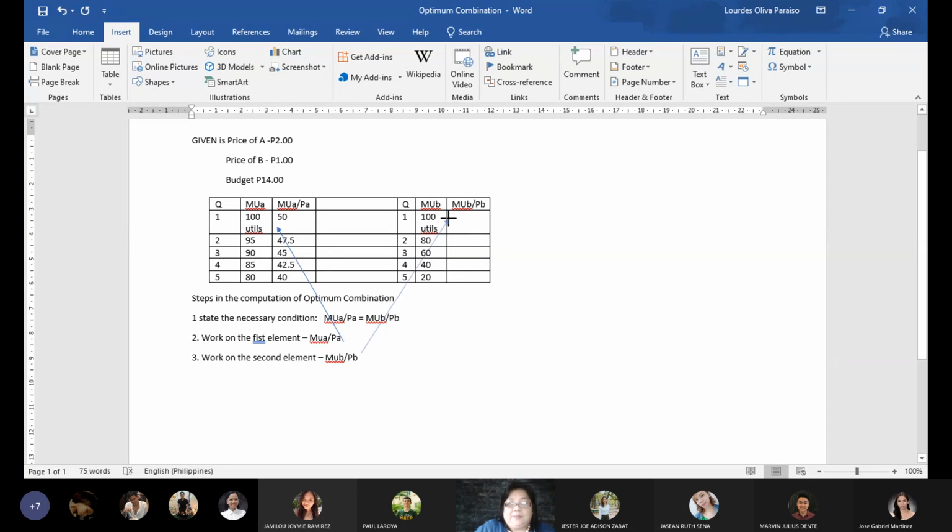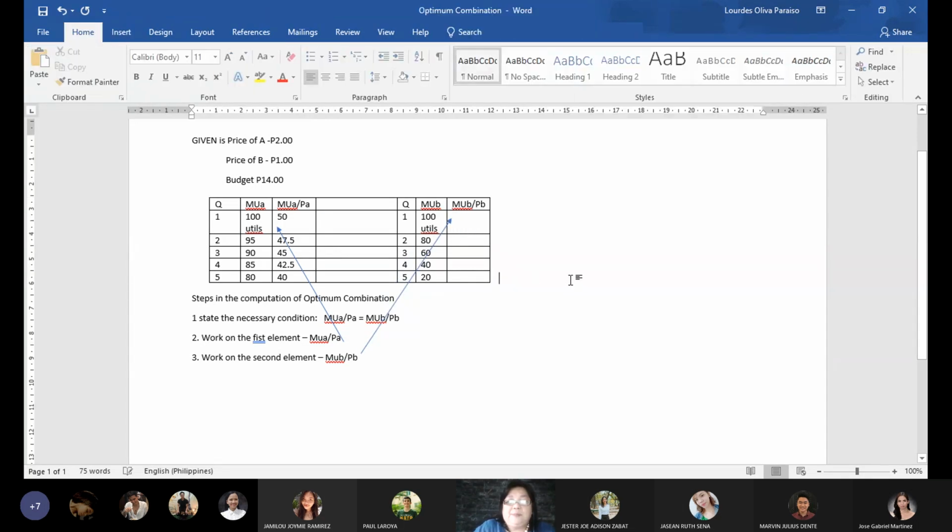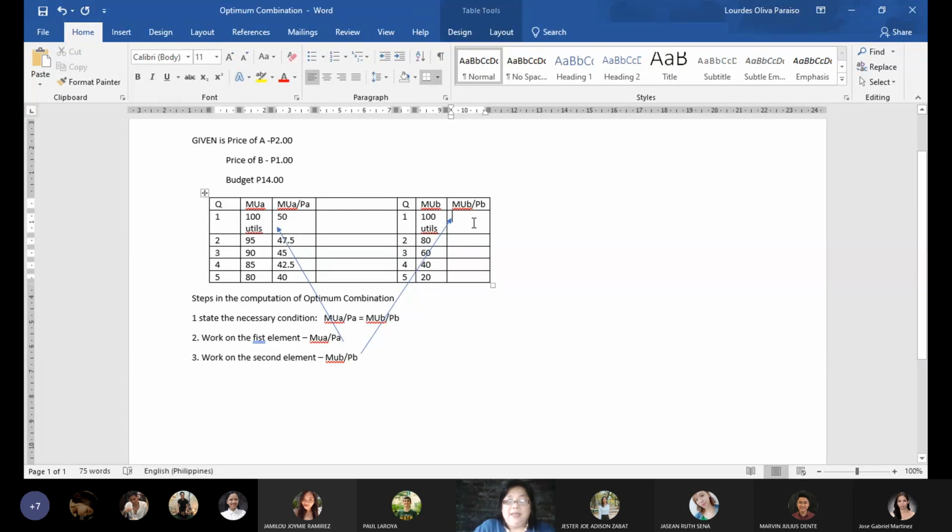Punta naman tayo doon. Diba? Now, what is the price of good B? Diba it's 1 peso? The price of your good B is 1 peso. Therefore, 100 divided by 1 is 100. And you have here your 80. 80 divided by 1 is 80. 60 divided by 1 is 60. 40 by 1 is 40. 20 by 1 is 20. You're finished with your table. There's no problem anymore with that.